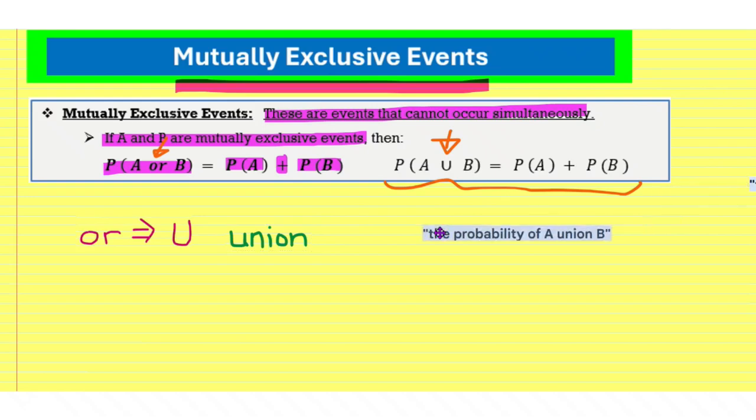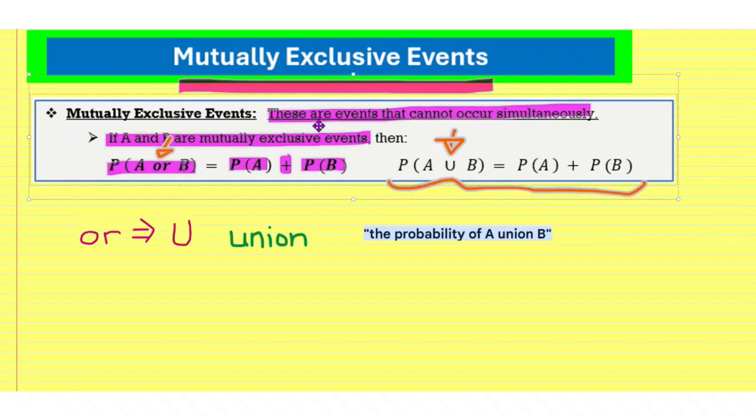Therefore, we can actually say the probability of A union B is still equal to the probability of A plus the probability of B, because the word or and the symbol are interchangeable.